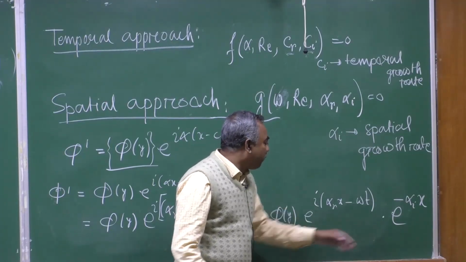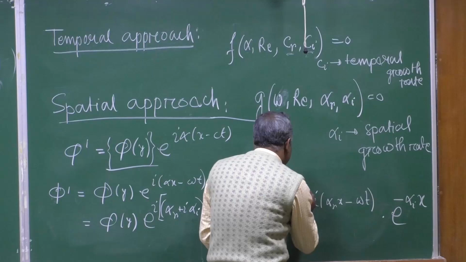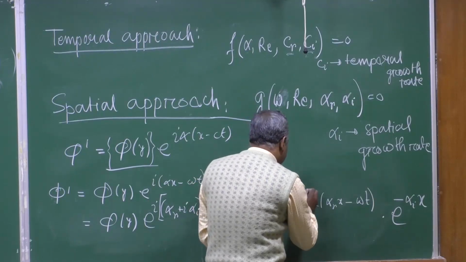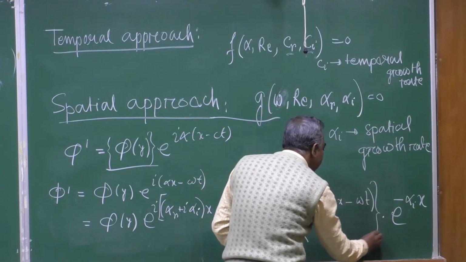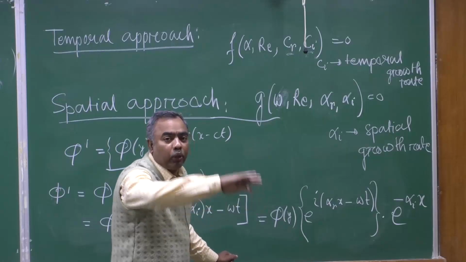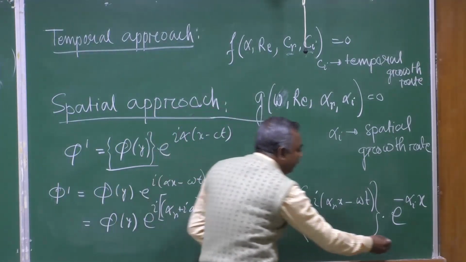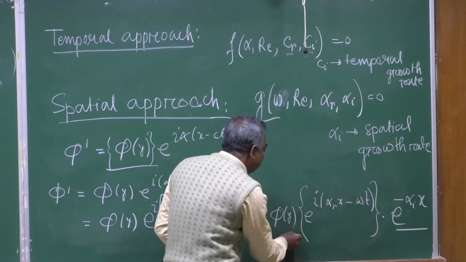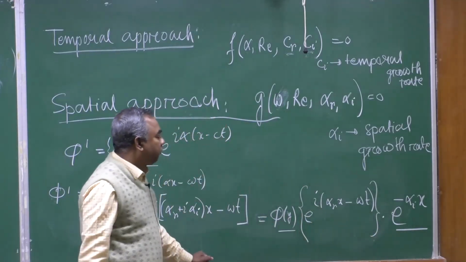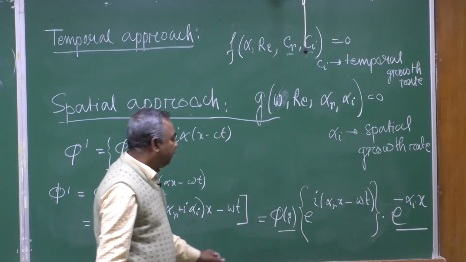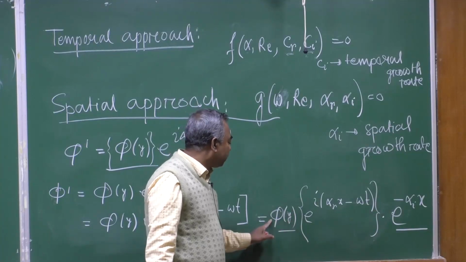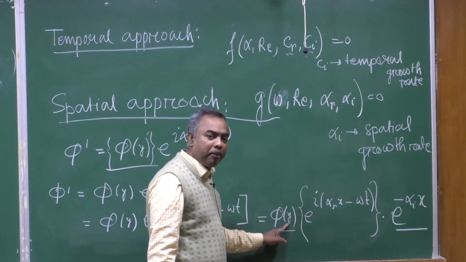So, this particular function is going to give you only a sinusoidal oscillation, and this part is real, this part is also complex. Okay. This is also a complex function, because phi of y is a complex function at a given y.